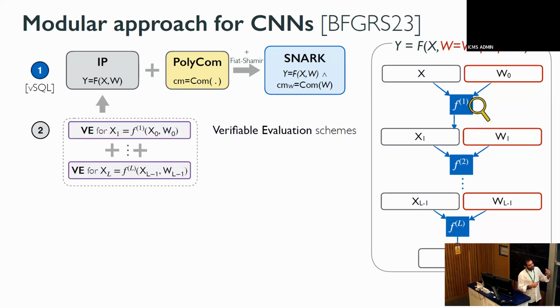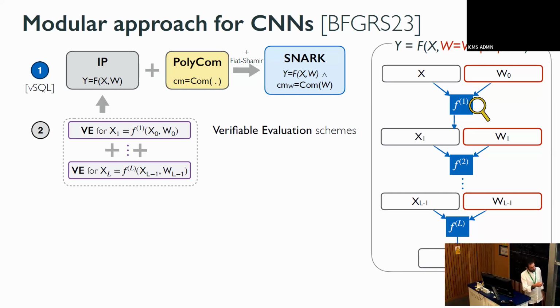Okay, then what is more the newer part of our work is a way to construct interactive proofs by the combination of a new primitive that we call verifiable evaluation schemes, that you can think of as simpler interactive proofs for subroutines that you can compose in order to build a full-fledged interactive proof for the composition of this function.